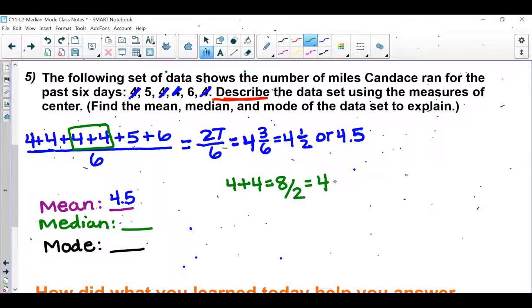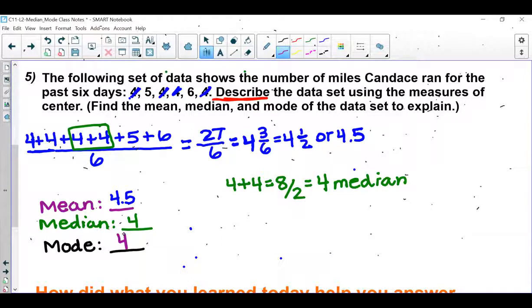That's my median. Okay, now last one, the mode. What's my mode? My most occurring. 4. There you go. It is my most occurring.